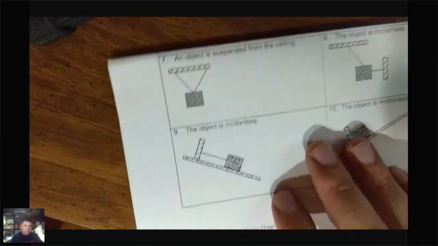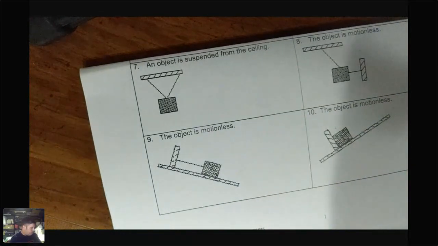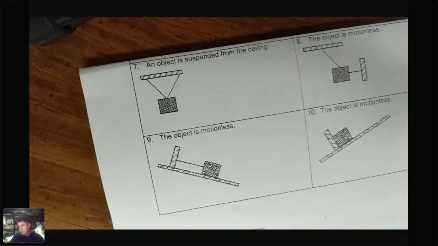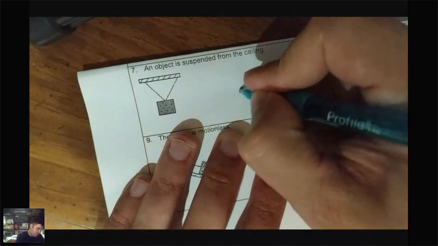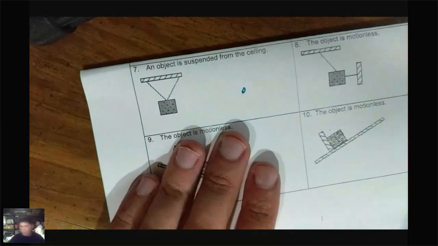So let's look at number 7. Number 7 says we have an object suspended from a ceiling by, I'm guessing, 2 ropes or 2 cables or something like that. What would a free body diagram for this thing look like? And I'm going to draw off to the side here because I got space. So there's my object.